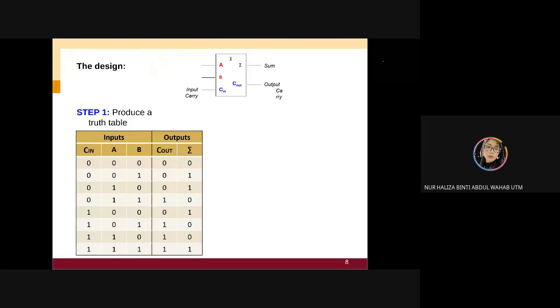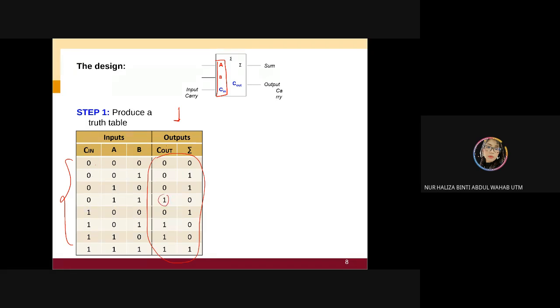Okay, for your full adder, you have 3 inputs. That's why you have 8 possibilities. It will be 0, 0, 0, 0, 0, 1, 1, 1, 0, and so on. And the output will be similar like this. You can try to derive this one by one like what I did just now.